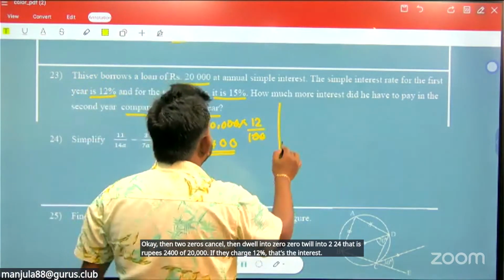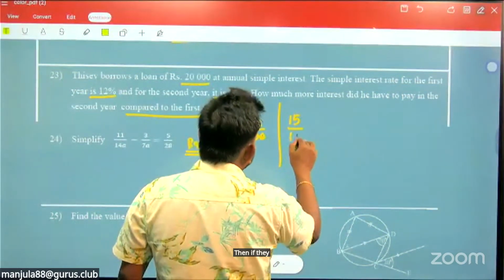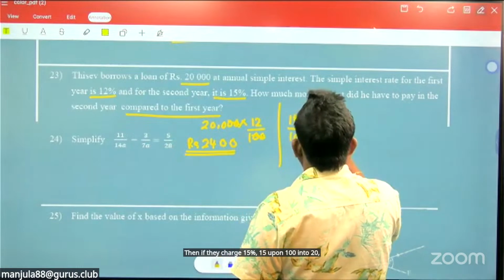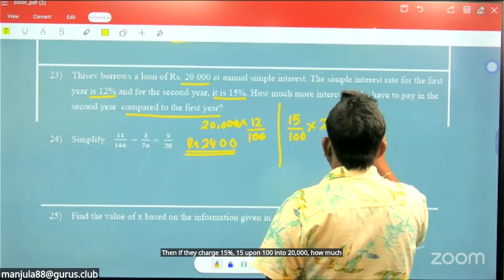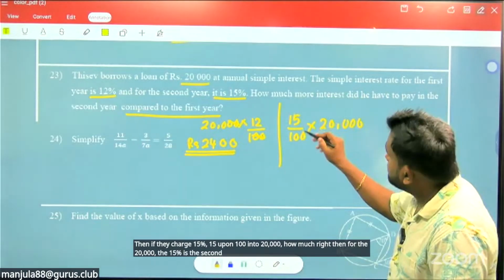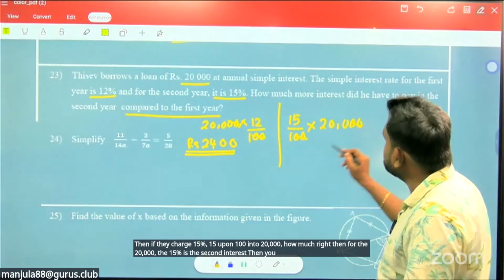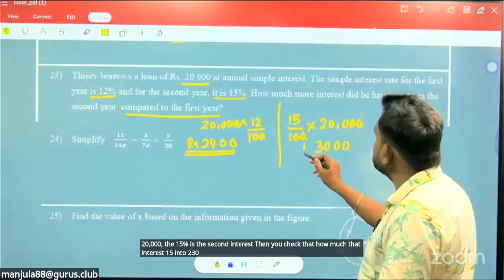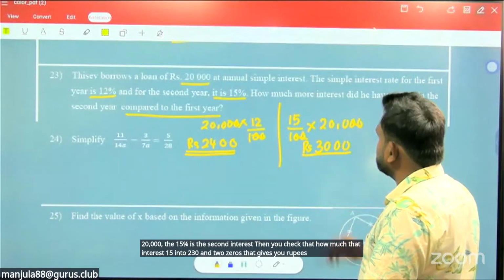Then if they charge 15%, 15 upon 100 into 20,000, how much? For the 20,000, the 15% is the second year's interest. 15 into 2 is 30, and two zeros, that gives you rupees 3,000.